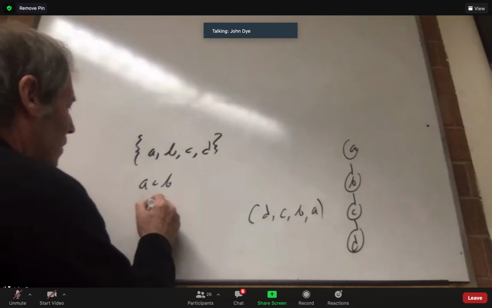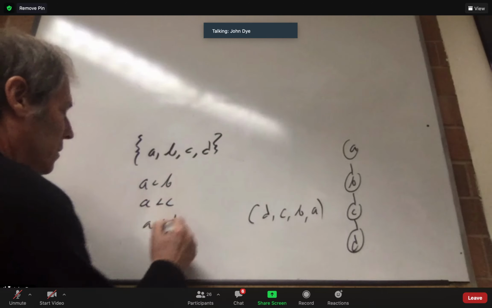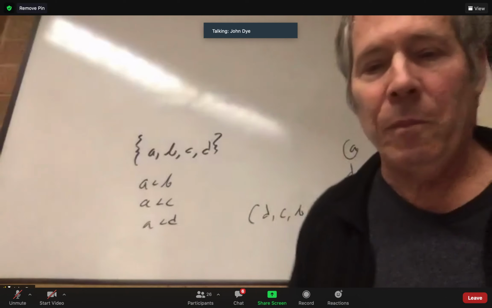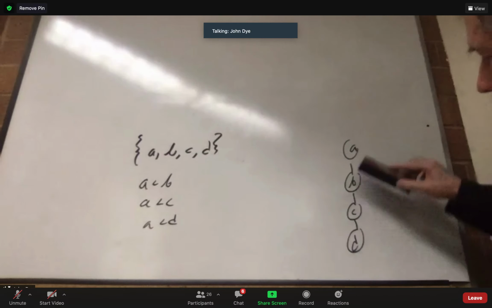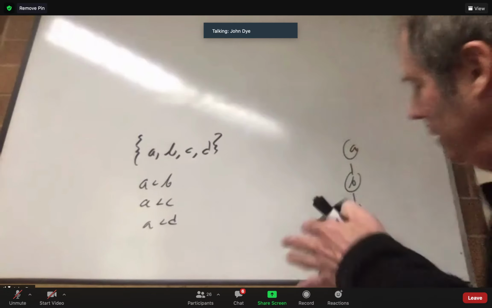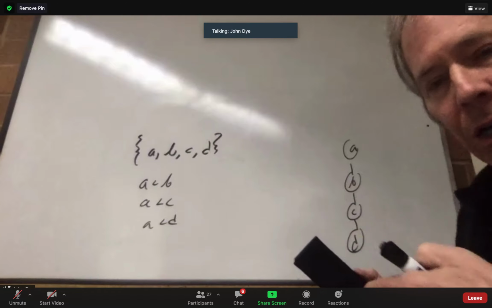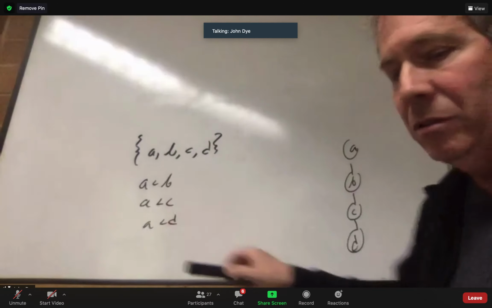So suppose the result was A less than B, A less than C, and A less than D. Very good. By the way, I like that example. So what would be the Hasse diagram? This is a partially ordered set that's visually expressing the information that you get out of these comparisons.